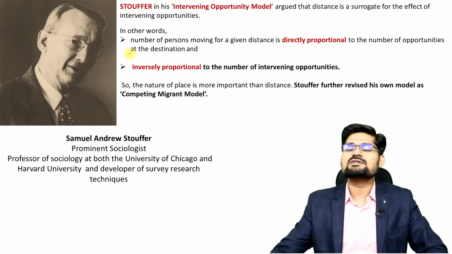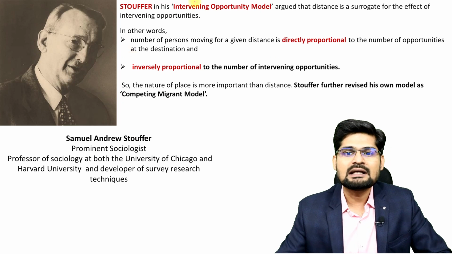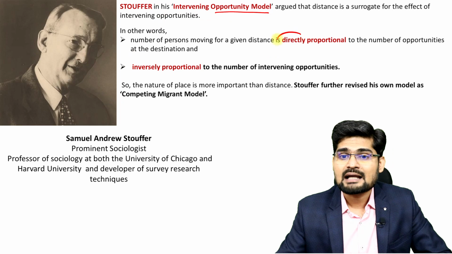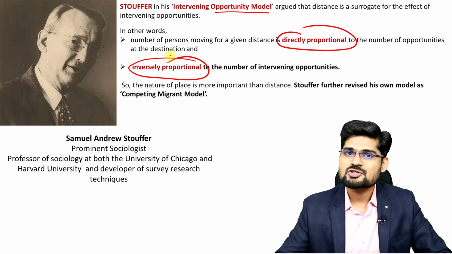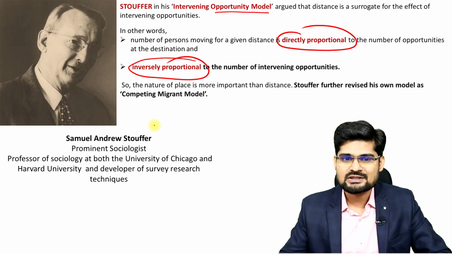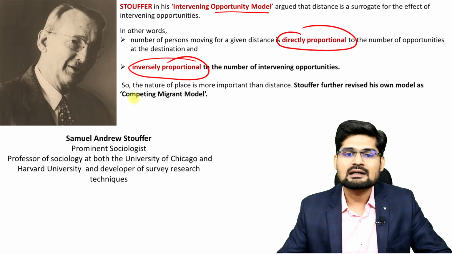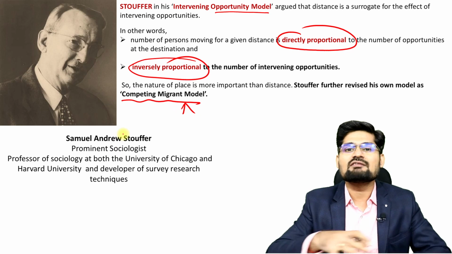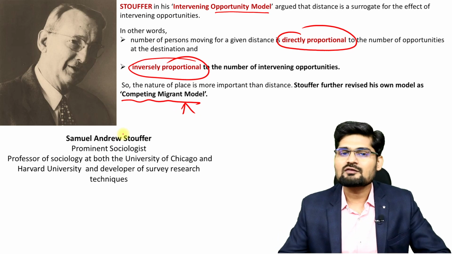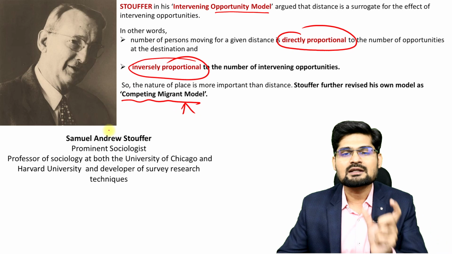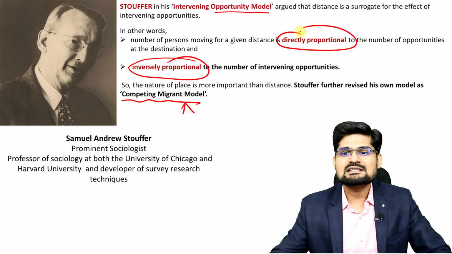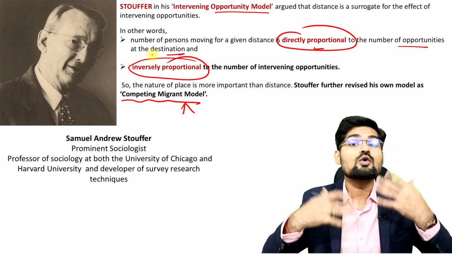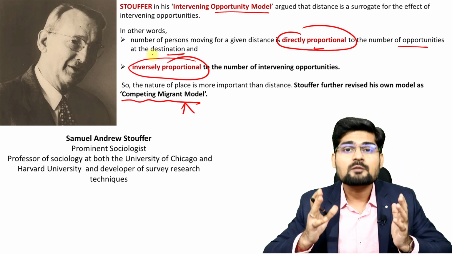Then further, if you observe Stouffer's theory, as we saw, the intervening opportunity model. Stouffer's theory was very important because it gave this directly proportional and inversely proportional relationship, as we saw in the grouping of sociological theories, right? And further, he advocated the competing migrant model that was basically on the social level, social skills, right? What it said was that the distance a person moves is directly proportional to the number of opportunities at the destination. It means if there are more opportunities at the destination, more people would love to go.